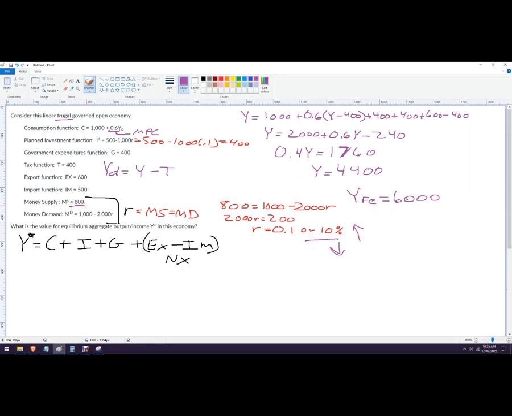So if you increase this number, just to give you an example, let's say I changed it from 800 to 1,200. I'm just going to resolve. Money supply now is 1,200, and money demand doesn't change, at least not in my example. I'm going to solve for R. We'll send this guy over here.